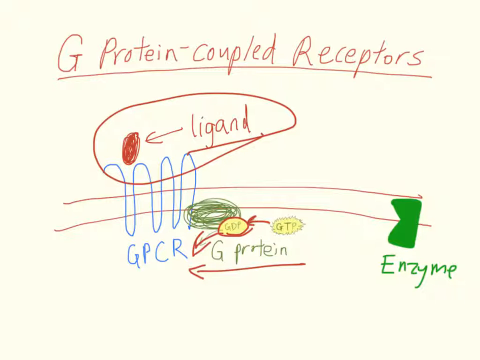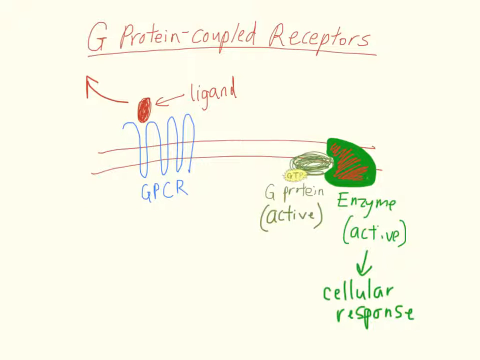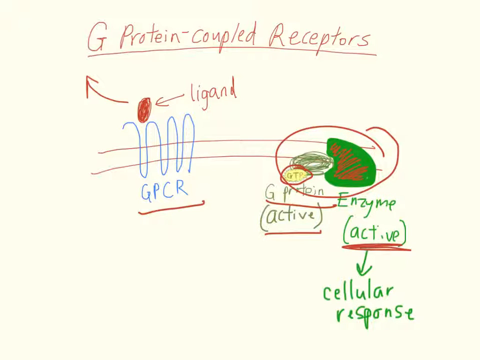So GDP gets kicked out, and this activates the G protein because it now has GTP. It's in the activated form. The active G protein with the GTP bound will dissociate from the G protein-coupled receptor, and it can then go and bind a specific enzyme, activating it, which would lead to a specific cellular response.